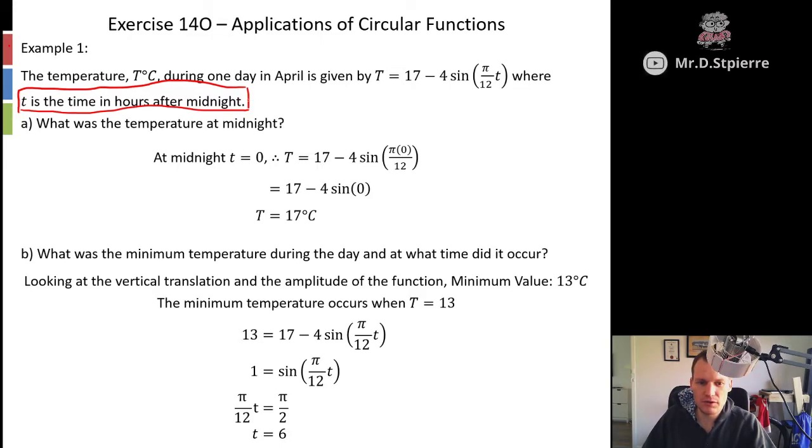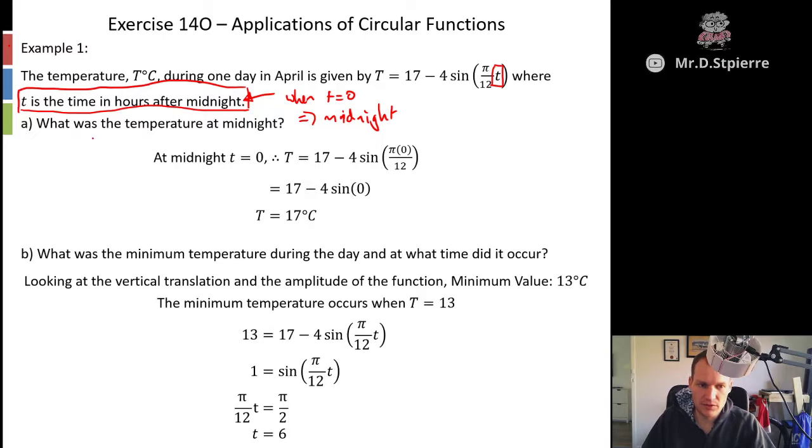You need to recognize that our equation using t is based on a point of reference. In this case, when t equals 0, it is midnight.